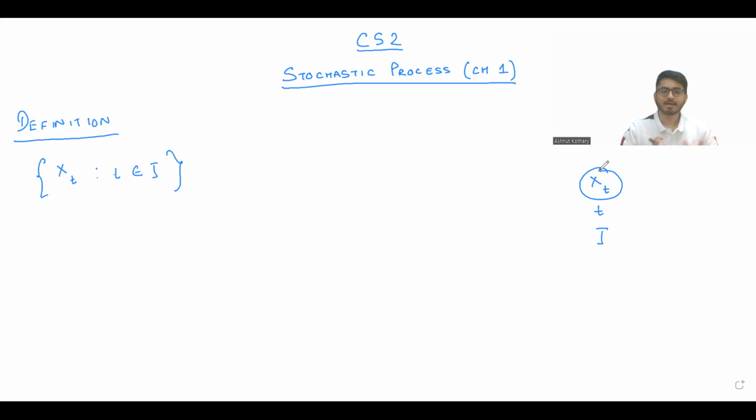Now, this is just, let's say, the formal definition for a stochastic process. Now we will try to understand intuitively what exactly we are dealing with.